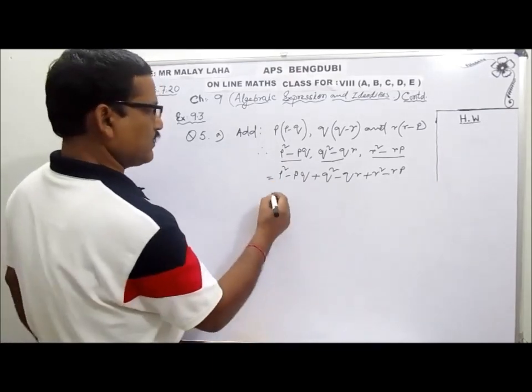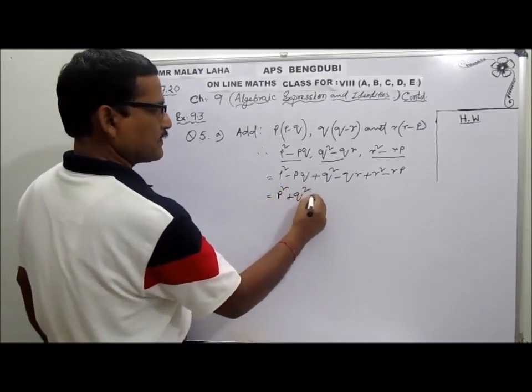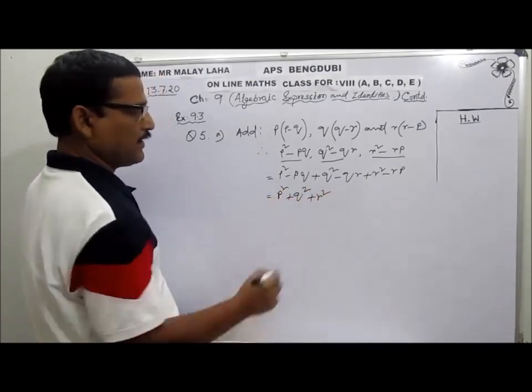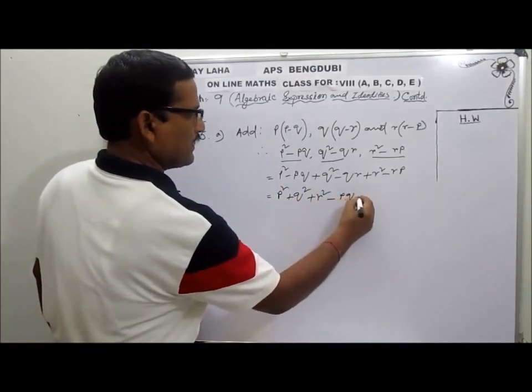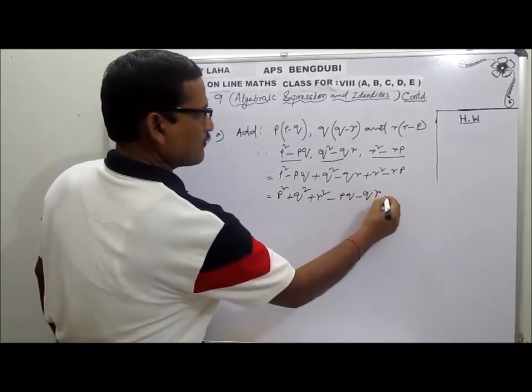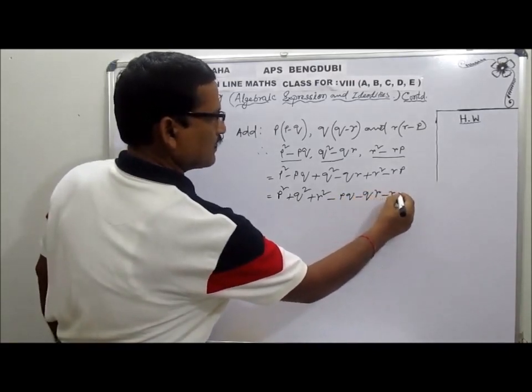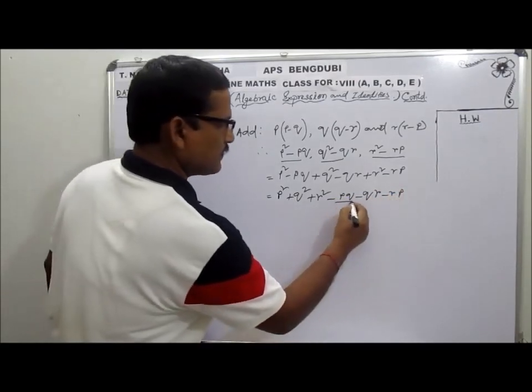So then I can write down P square plus Q square plus R square. Okay. Then minus PQ minus QR minus RP. So I can reduce this one a little bit.